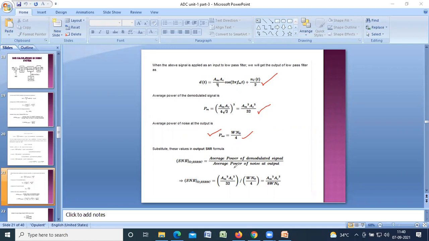That is a ratio of average power of demodulated signal and average power of noise at output. और आपकी output इतनी बन गई। Verify it. Done, students?